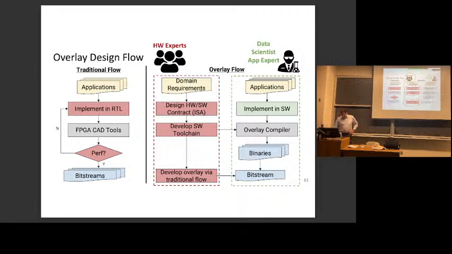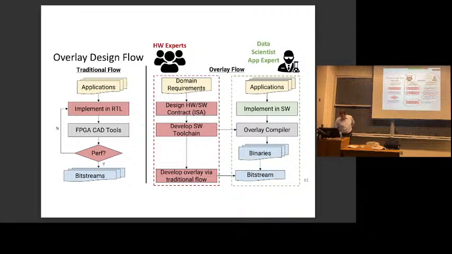Once they've done that, your application expert, some machine learning expert, can basically just implement new neural networks in software. And what's called an overlay compiler, the software tool chain that the overlay architects created, produces binary instructions that can be used to control the hardware.